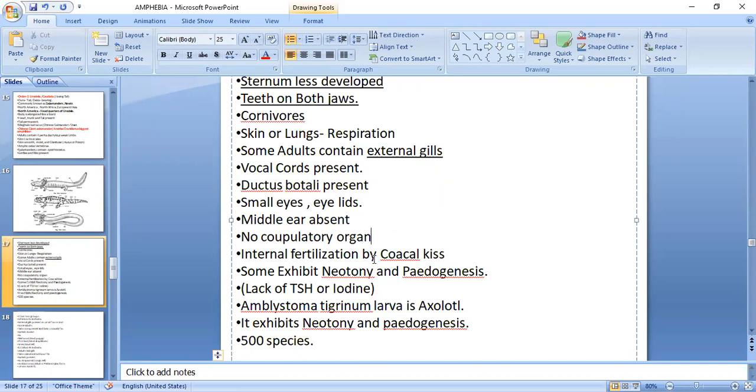In most of the animals, internal fertilization takes place by the cloacal kiss, and some animals exhibit neoteny and paedogenesis. Simple, you might know.